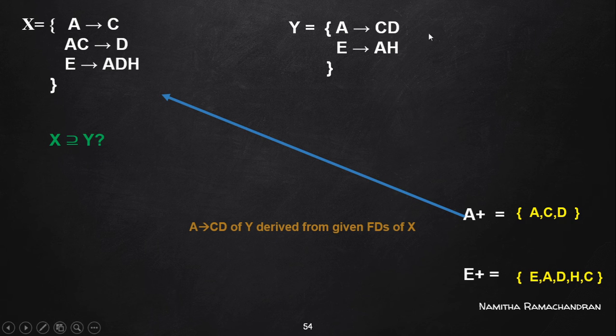And the second dependency here is E implies AH. So here the LHS part contains E, so move to the closure of E. The presence of A and H here in the closure set indicates E implies AH of our subset Y is derived properly with respect to the set of dependencies listed in the superset X. So all the dependencies are checked and evaluated, and the condition is true for all the dependencies of our subset.